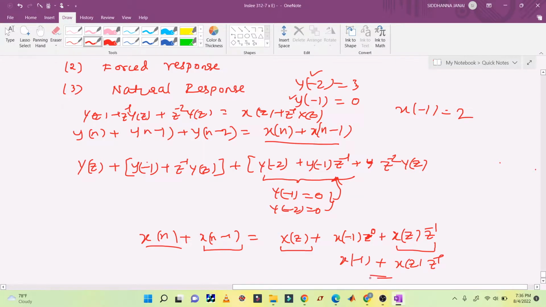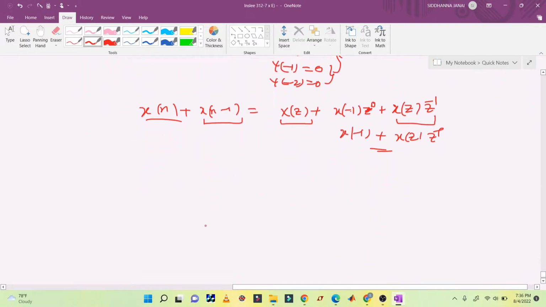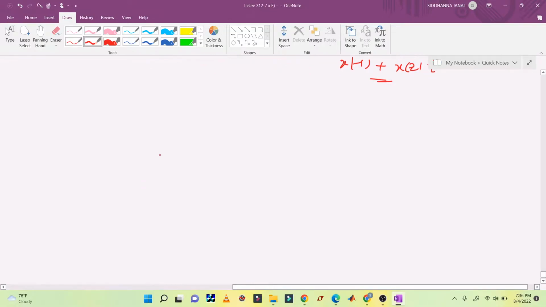Okay, so let us generalize this. Now consider the unilateral Z transform. First, if you have x of n given, the Z transform is x of z. Given x of n minus 1, the Z transform is x of minus 1 plus z inverse x of z.